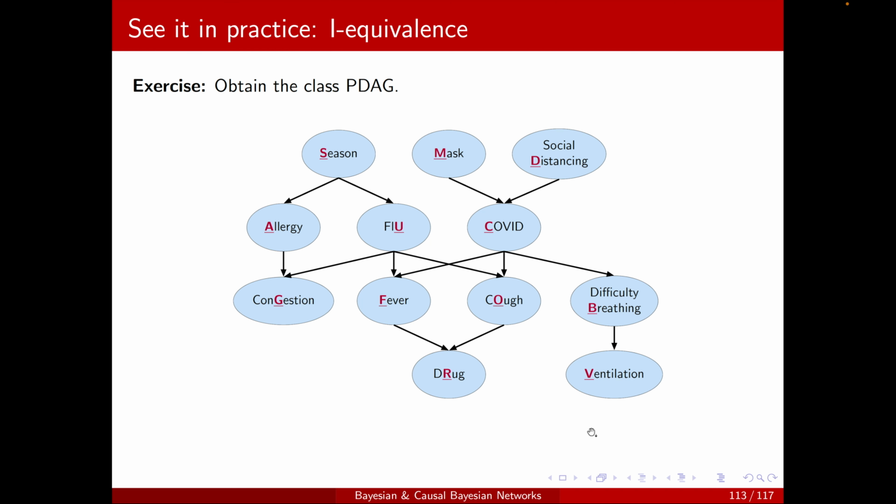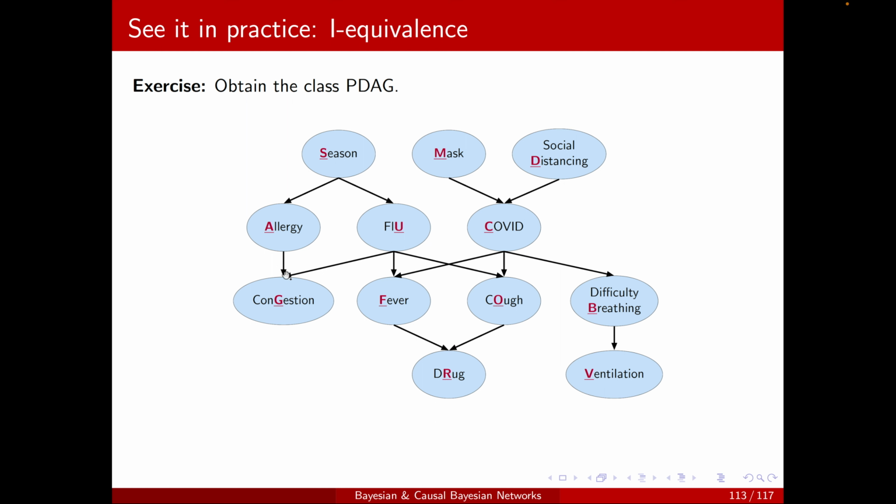See it in practice. Back to our COVID graph. I'm sure you're all familiar with it. The question is to obtain the class PDAG. Well, first we need to obtain the structure. That's not difficult. We just remove all the arrows, but then we need to keep the immoralities. Here, every V structure is an immorality because there's no covering edge.